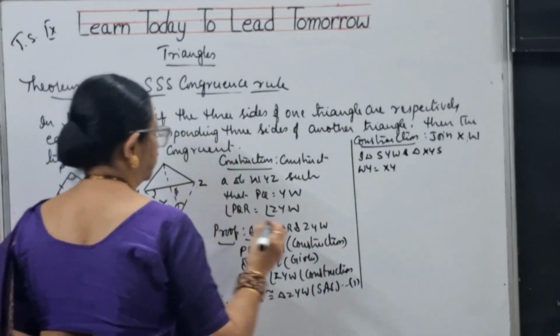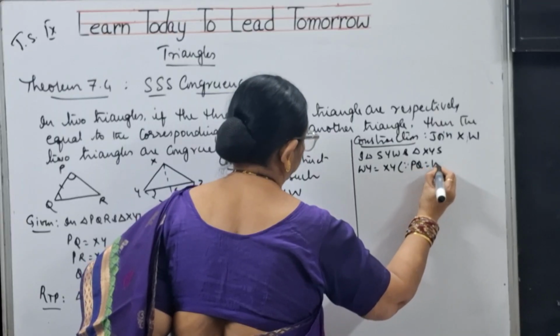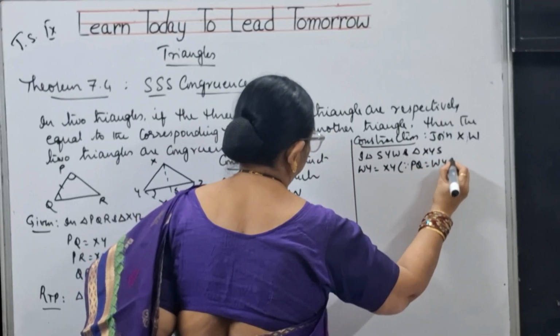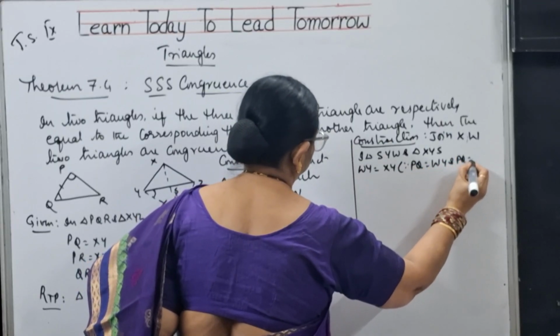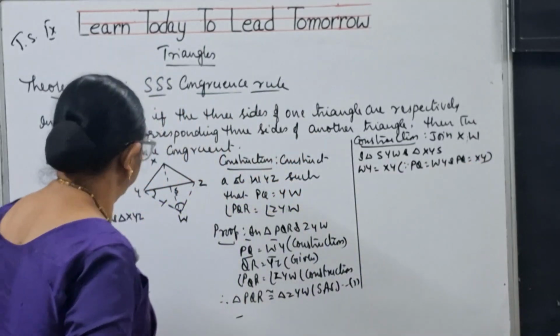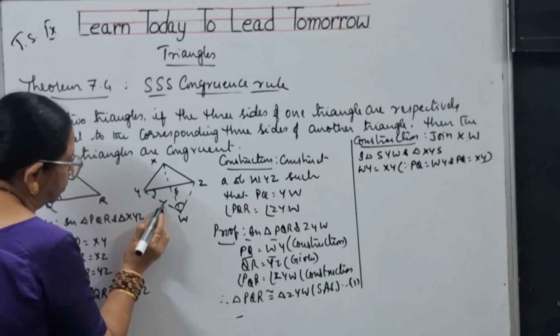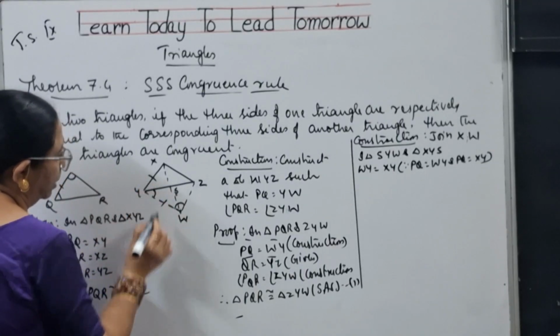Why is it? Because PQ is equal to WY and PQ is equal to XY, as they have given. We have proved PQ is equal to WY. So these two are equal.